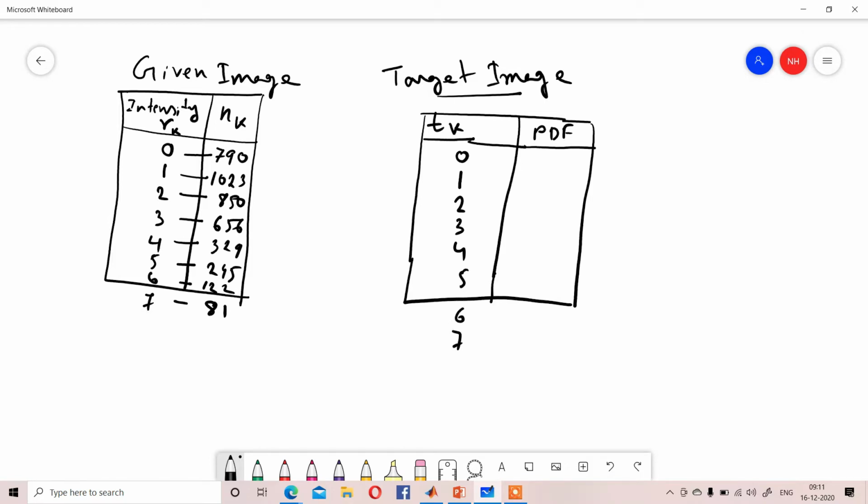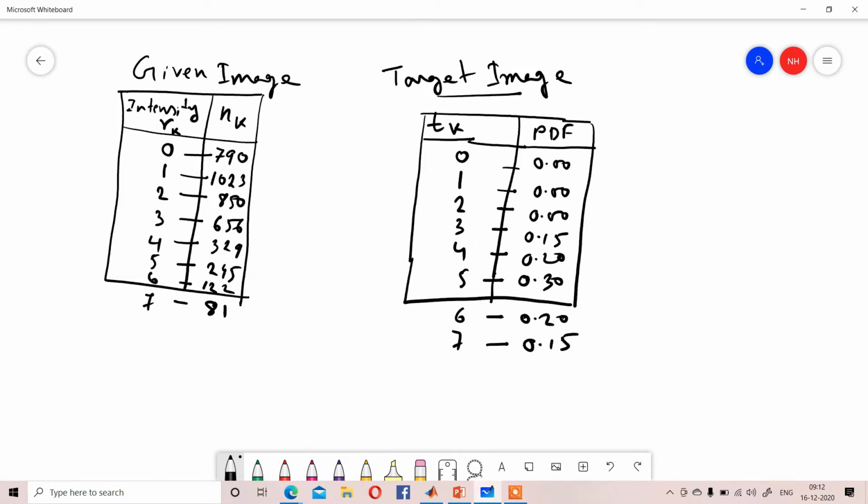So for 0 the PDF is given 0.00. For 1 it is 0.00. For 2 it is 0.00. For 3 it is 0.15. For 4 it is 0.20. For 5, 0.30. For 6, 0.20, and for 7, 0.15.